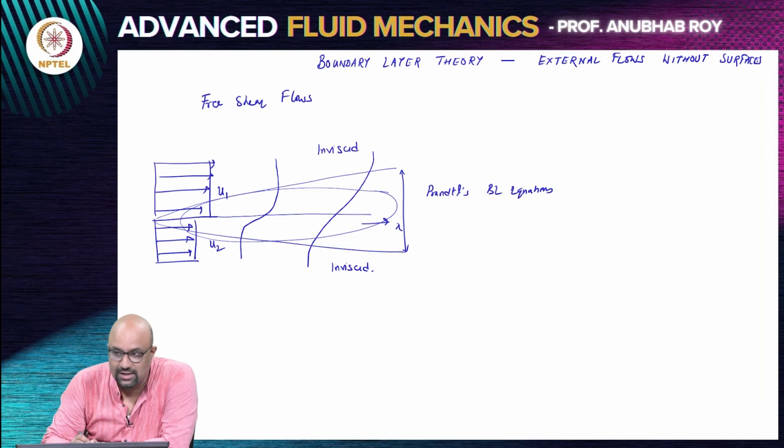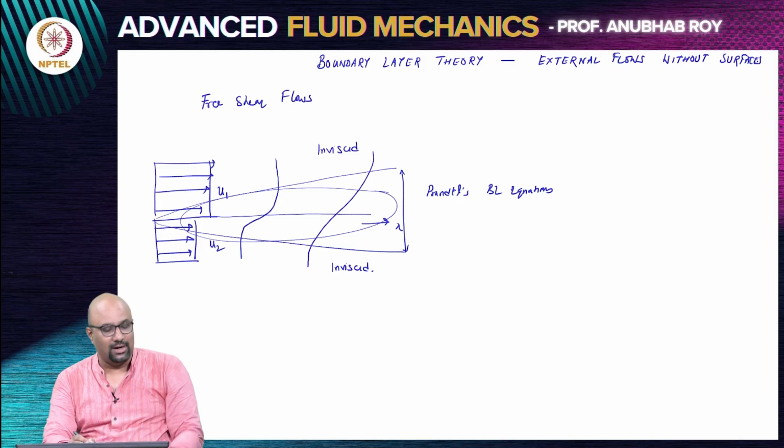Even though there is no physical surface in this problem, you can still apply Prandtl's boundary layer equation and study this problem. Incidentally, because this problem doesn't really have any imposed length scale, you can take the same similarity variable approach.